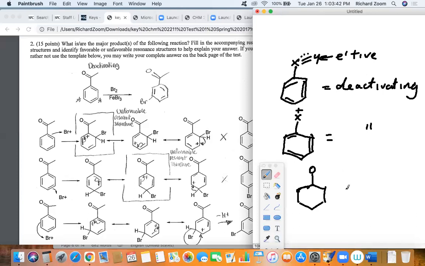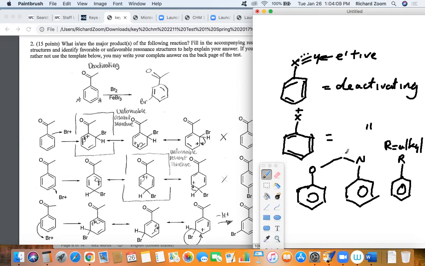O, N, and alkyl. And you'll notice that these are not charged.